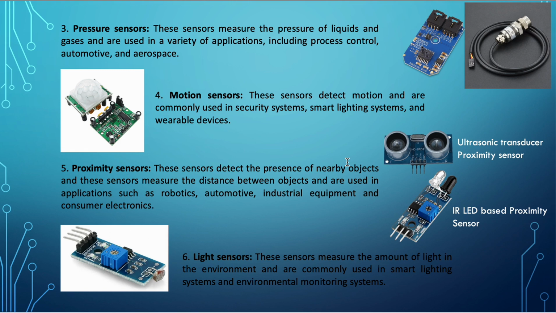So both of them are in the wave, but some kind of a waveform. One is light, one is ultrasonic, right? So we need to see what suits our project the most, what is the best when selecting proximity sensors.